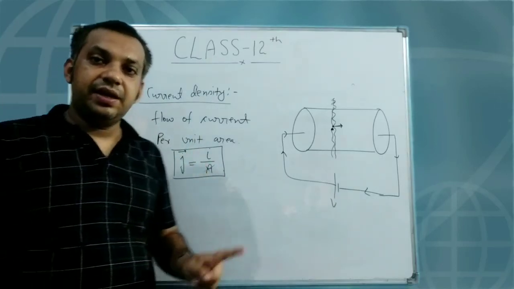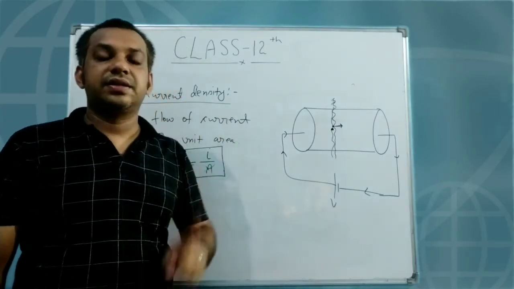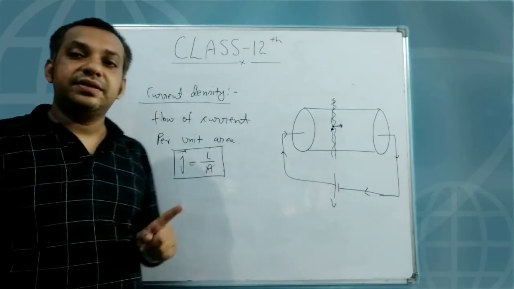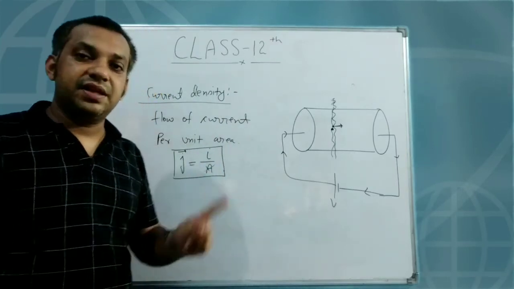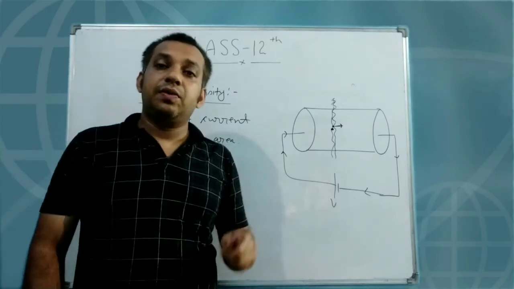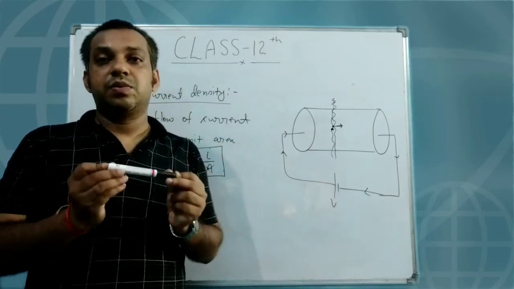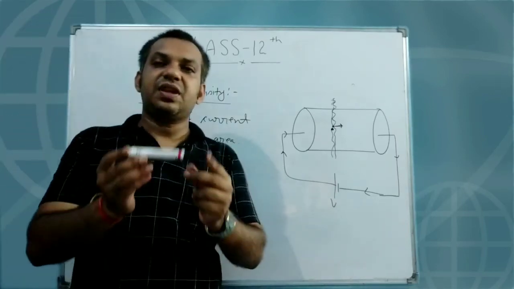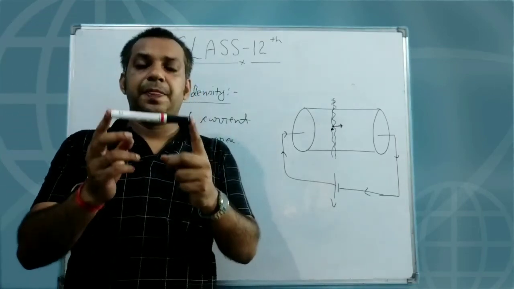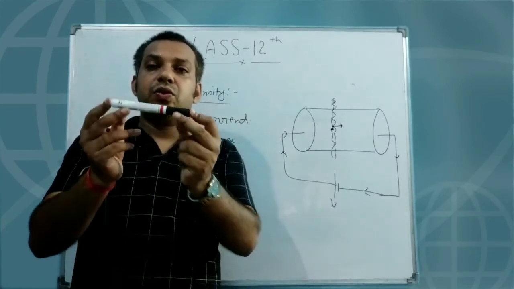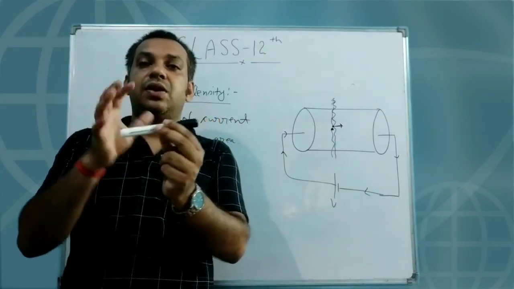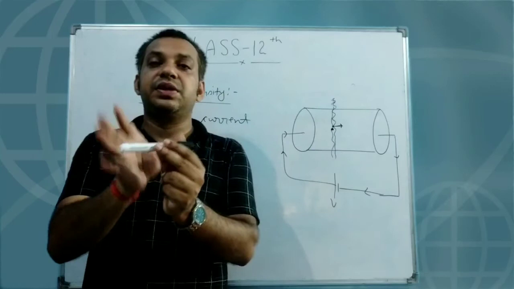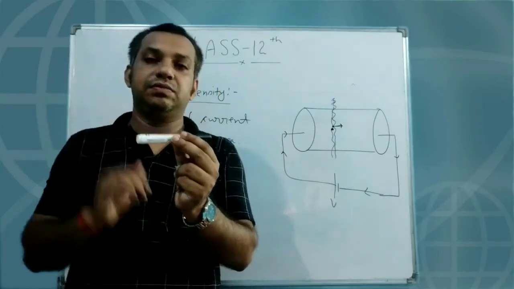The electric current is a scalar quantity, and the current density is a vector quantity. Electric current is a scalar because it is the overall property of a conductor. That means if you connect a power source to this particular conductor, the overall behavior of the conductor, in other words the overall resistance, will decide the amount of current that will flow.